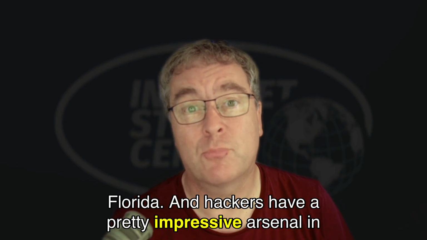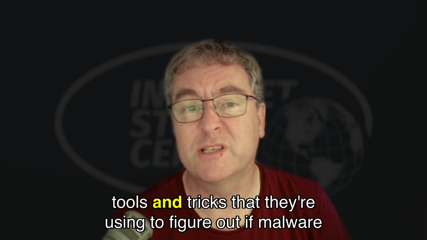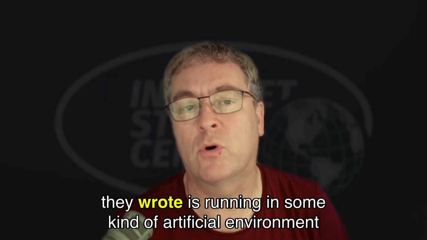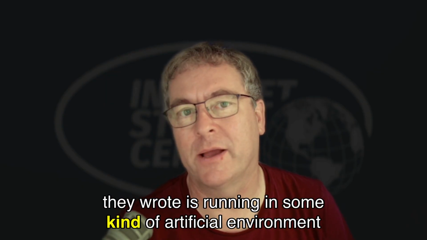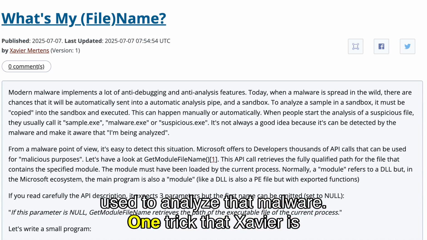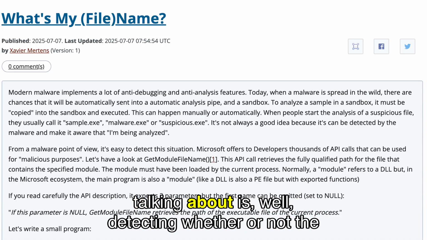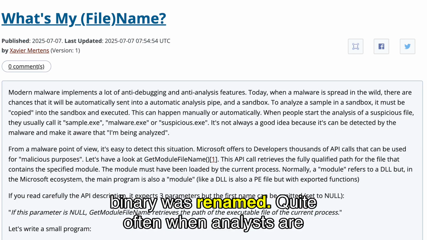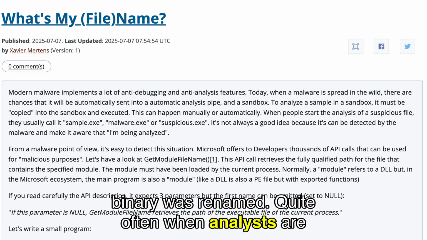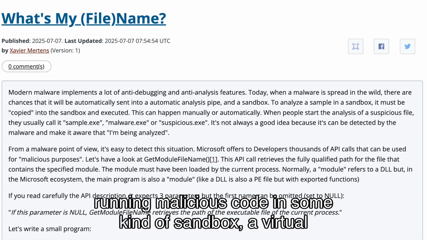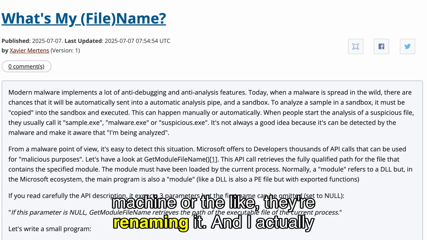Attackers have a pretty impressive arsenal of tools and tricks that they're using to figure out if malware they wrote is running in some kind of artificial environment used to analyze that malware. One trick that Xavier is talking about is detecting whether or not the binary was renamed. Quite often, when analysts are running malicious code in some kind of sandbox, a virtual machine, or the like, they're renaming it.